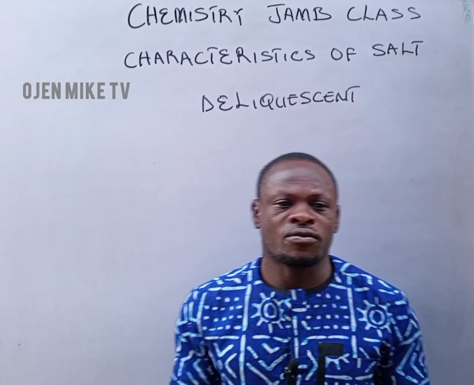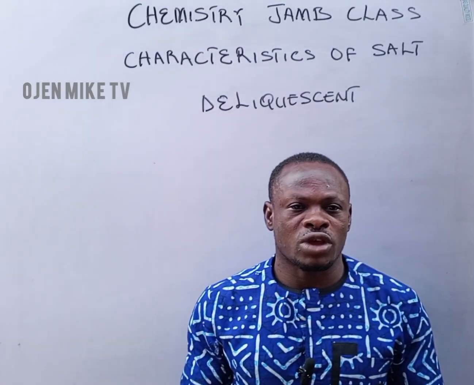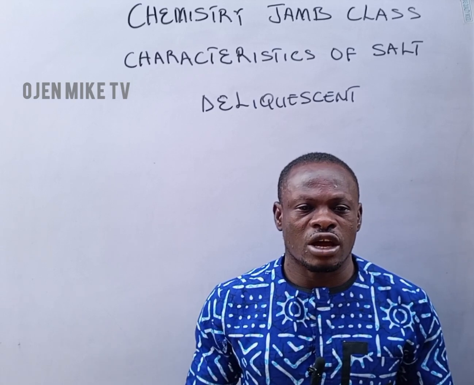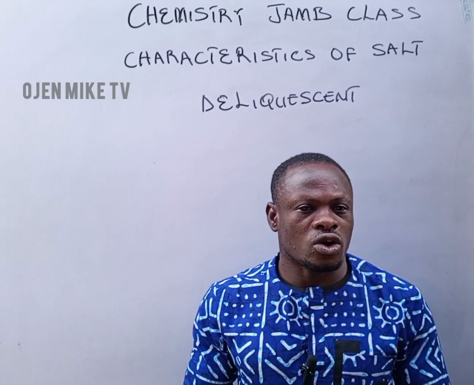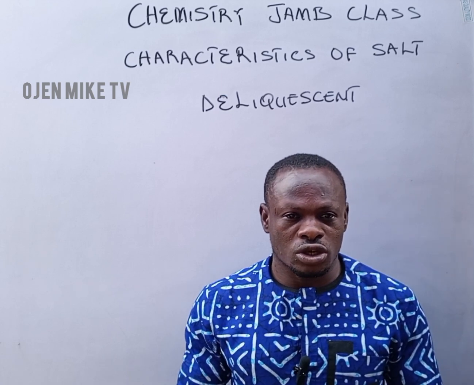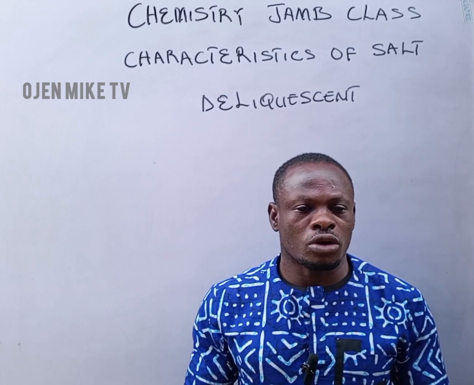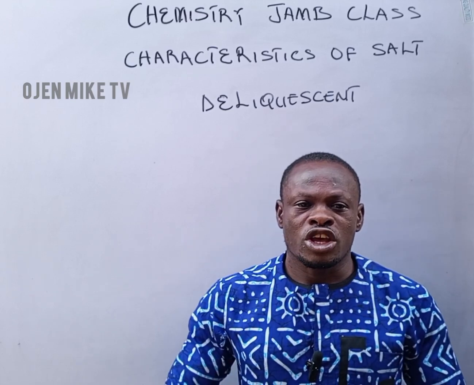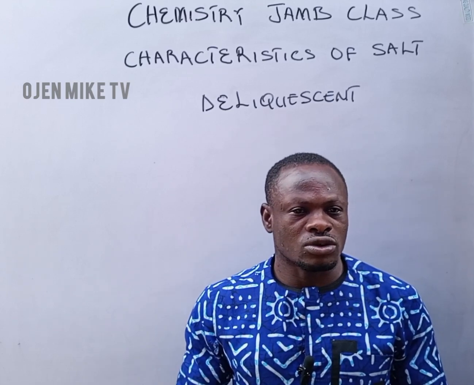Now, let me take a recap of what we have already discussed in our previous video. There are some salts that, when you expose them to air or to the atmosphere, will absorb moisture and turn to solution. There are some that will absorb moisture but will not turn to solution. There are some that, when you expose them, will even lose some of the water molecules that they have.